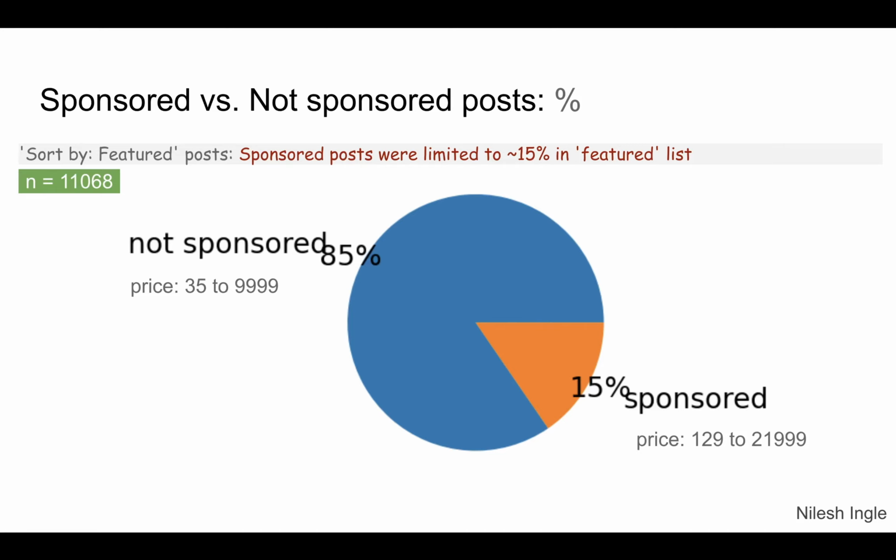Within the first 30 to 40 pages, when you look at the toys, 85% are not sponsored listings. So 15% of the listings are sponsored, and the price range for sponsored versus non-sponsored is given here.